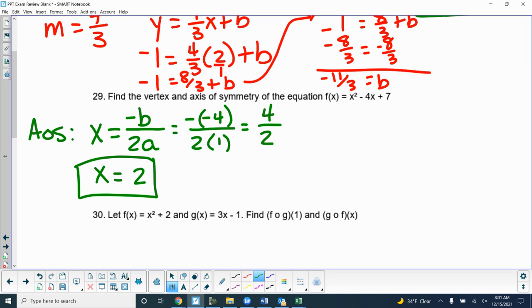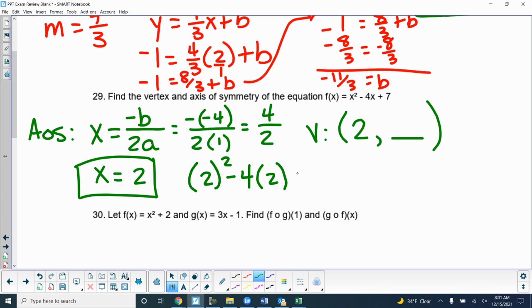All right. To find the vertex, when you find the axis of symmetry, you have the x value of the vertex. So I have that number. I just have to find the y value. So I substitute the 2 in for x in the function. So 2 squared is 4. -4 times 2 is -8.